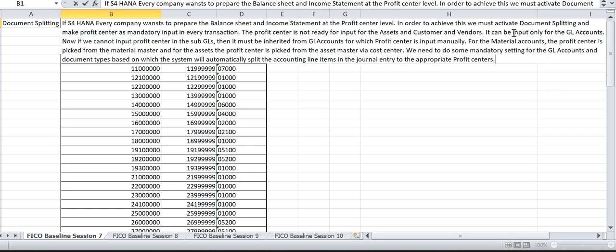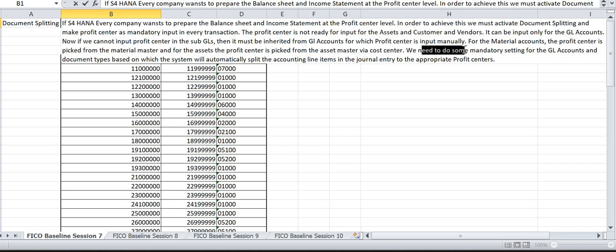Now the third point is that it can be input only for the GL accounts. If we cannot put the profit center for the sub-ledgers like AP, AR, and asset accounting, then it must be inherited from the GL accounts, for which the profit center is input manually. For example, for the material accounts, the profit center is picked from the material master. For the asset account, the profit center is picked from the asset master via the cost center.